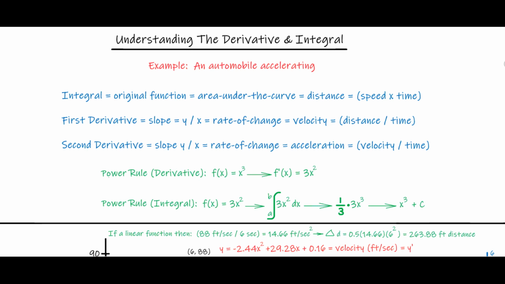Other applications, dollars earned per month, that would be first derivative, that would be like the velocity function, and then dollars earned per month squared, that would be the increase or decrease of change in the amount of dollars earned per month. And then if you take that first derivative and reverse it, you could calculate the total dollars per month, especially with a nonlinear rate of change with respect to the amount of dollars earned per month.